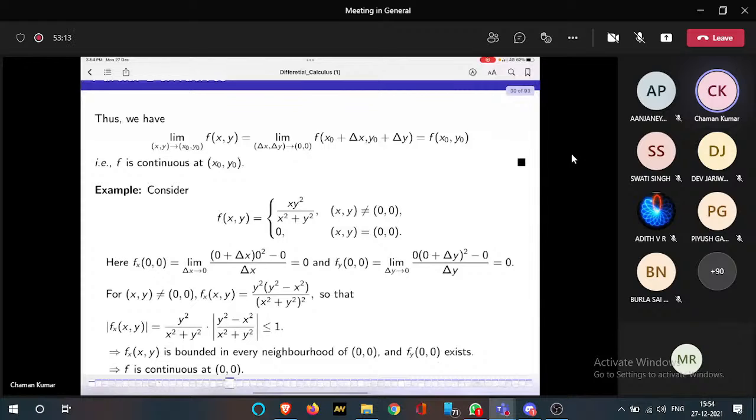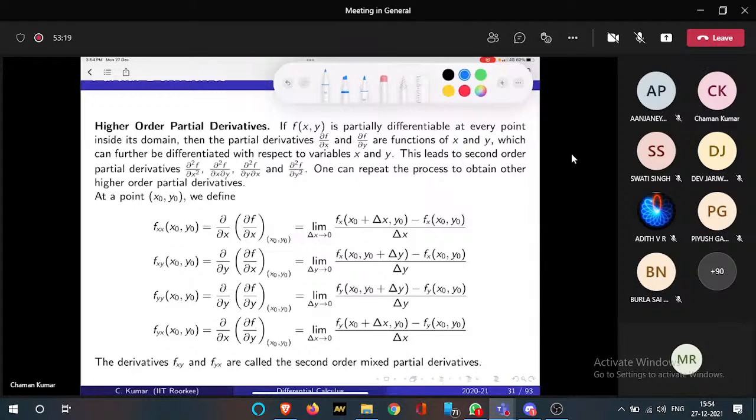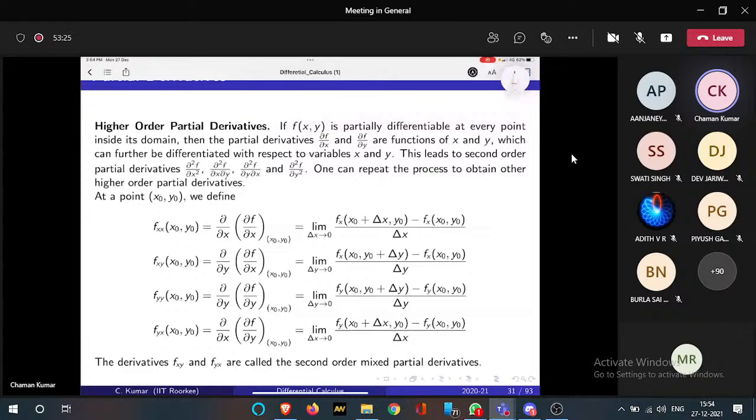If no questions, we move to the higher order partial derivatives. This is also a very straightforward generalization. If you have a function of two variables, and I ask you to calculate the partial derivative of this function with respect to the variable x, you will fix the value of y.